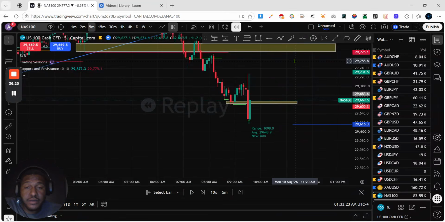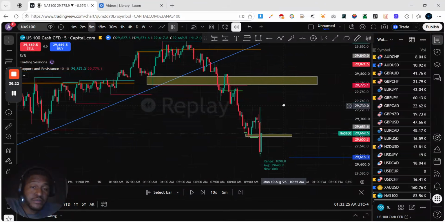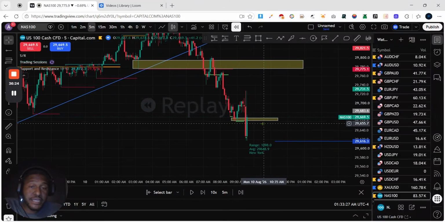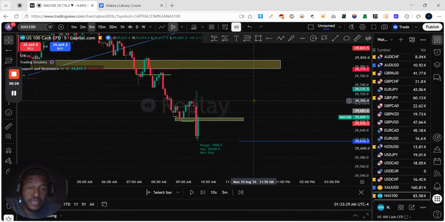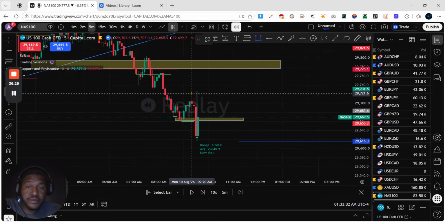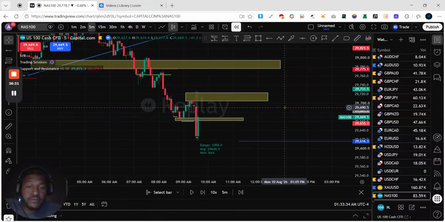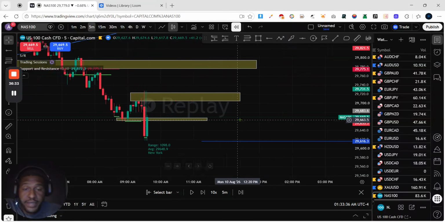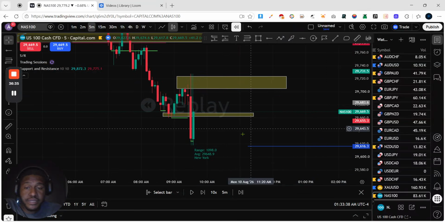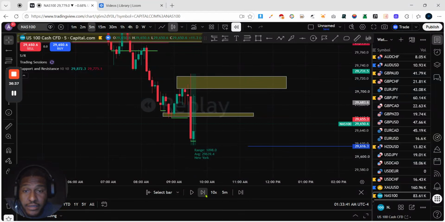All right, so I automatically assume price is going for internal liquidity. I am selling, so I'm going to wait until price returns back up here, and I'm gonna look for an engulfing candle to the downside. Let's play internal liquidity.